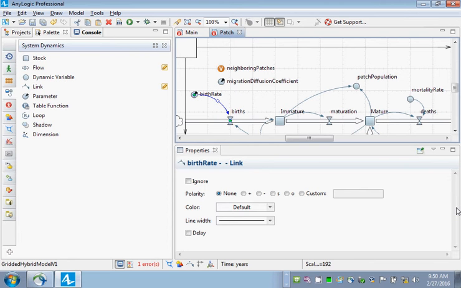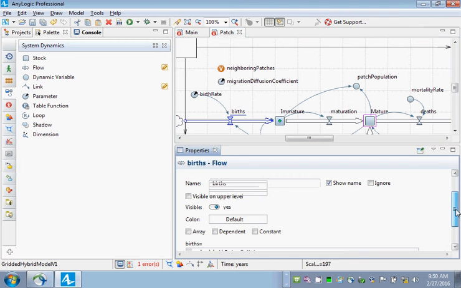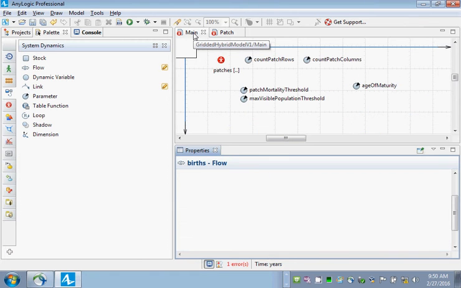So the local birth rate is going to be specific to a patch. Now, for main, we are going to have a birth rate specified as some mean birth rate and a standard deviation of the birth rate. We're going to assume a normal distribution with a fairly wide standard deviation.